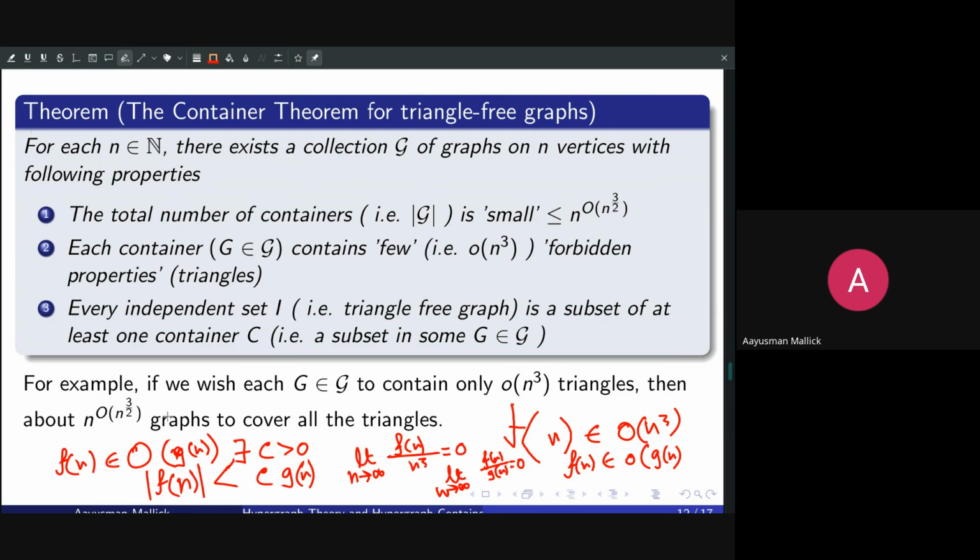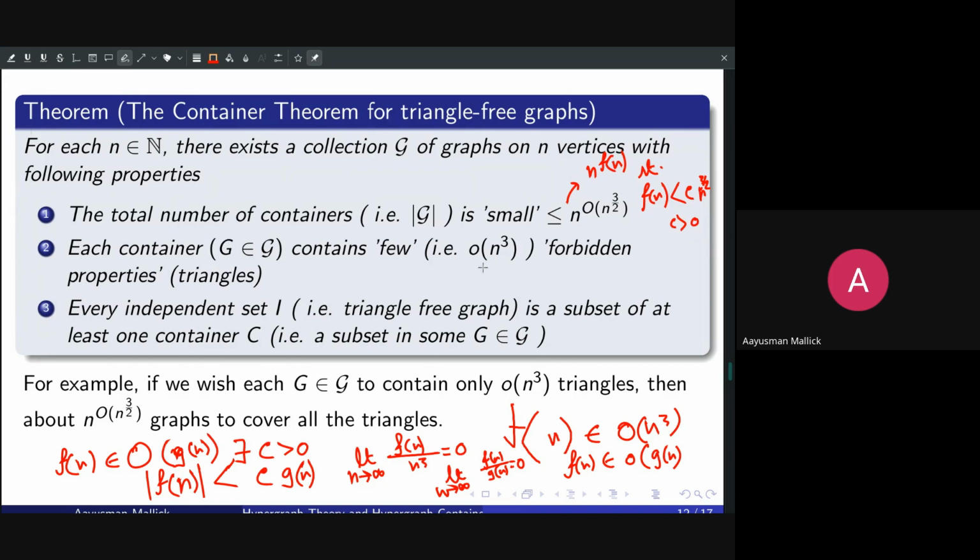So here it means some n to the power f(n) such that f(n) is strictly less than C times n to the power 3 by 2, with C greater than 0 some fixed constant.